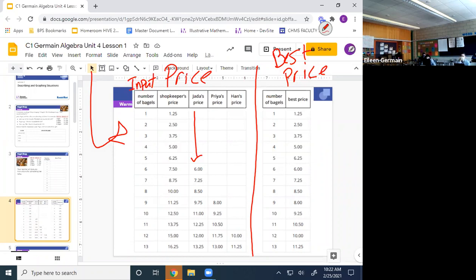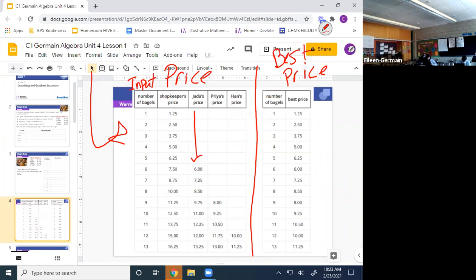So if you have 2 inputs with the same output, yes, that's number 1. Number 2 was if we have one input with multiple outputs. Our focus today is going to be when we have an input that has multiple outputs, it's not going to be a function.